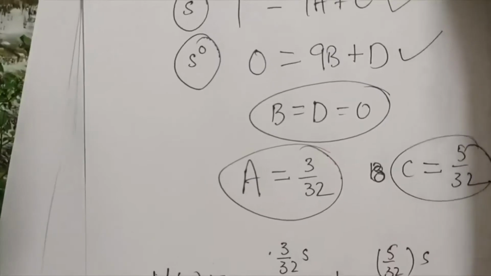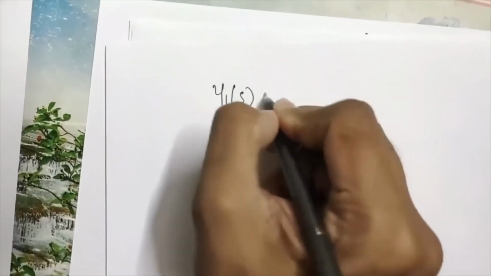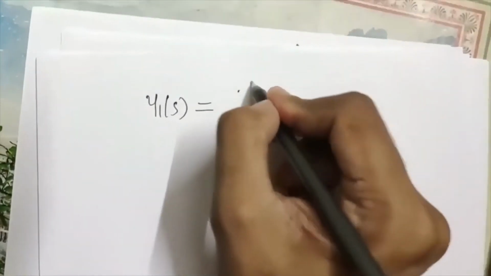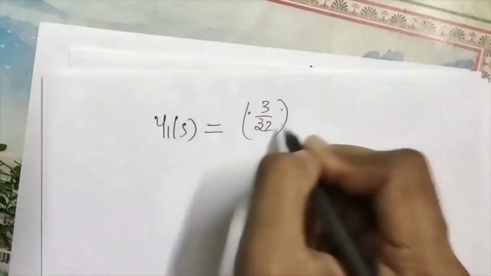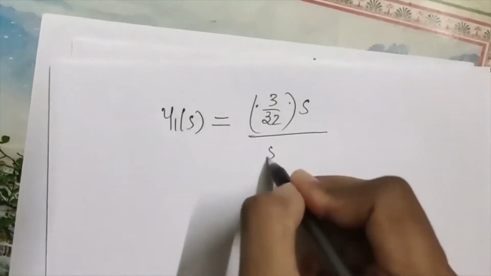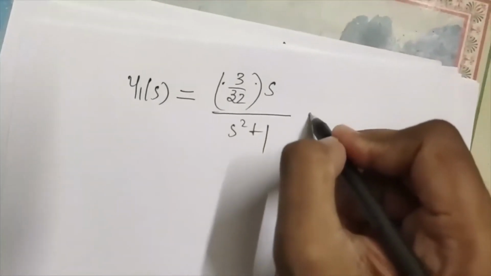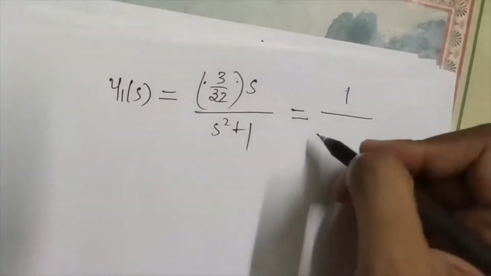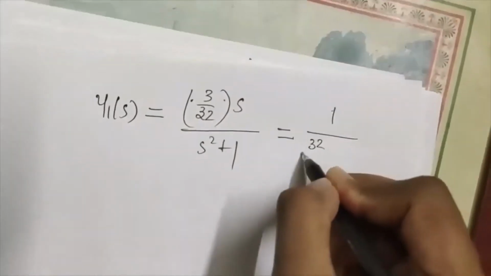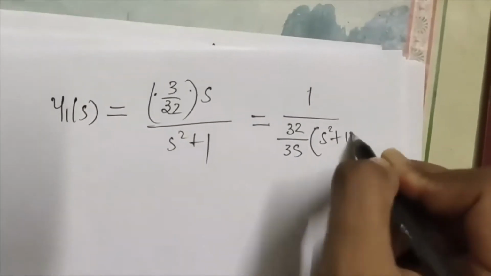If I consider y1, we have got 3 by 32 into s divided by s square plus 1. If I want to make the numerator 1, it is nothing but 1 divided by (32 by 3s) into (s square plus 1).